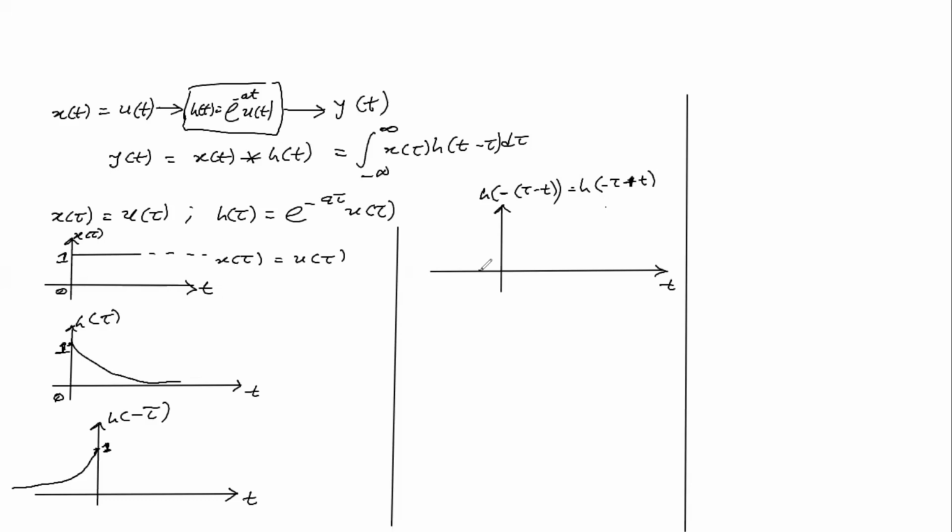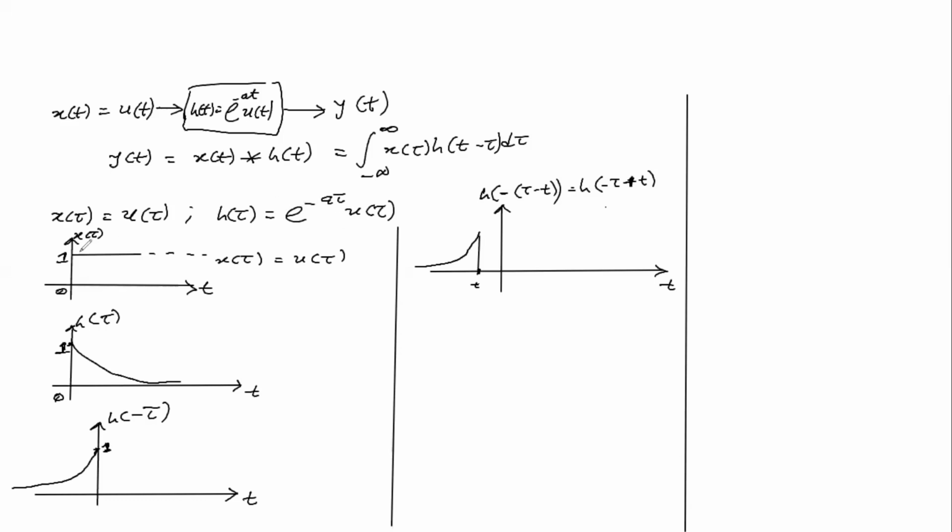So let's assume this is T. This signal is now going to look something like this, and it will shift to the left.